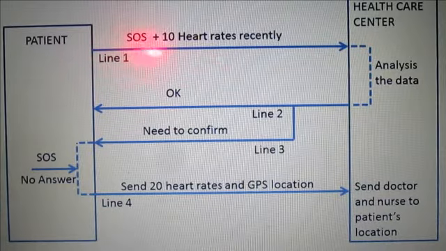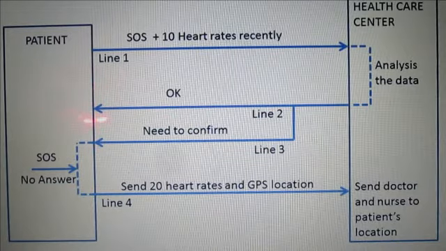It is shown on line 1. The healthcare center will analyze this data and decide to send the OK signal or the need-to-confirm signal. It is shown in the figure by line 2 or line 3.